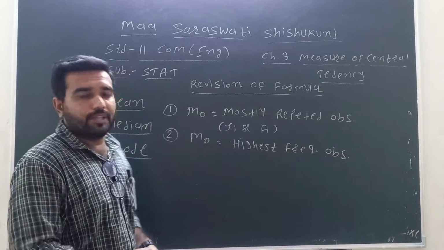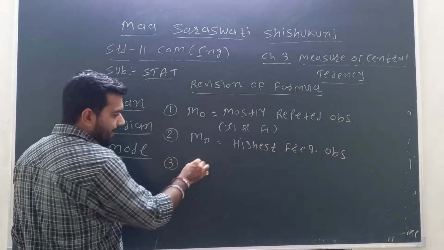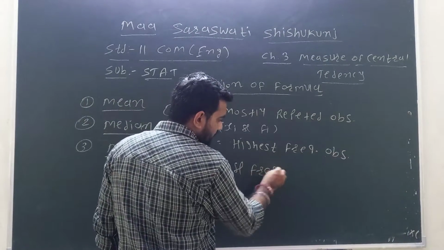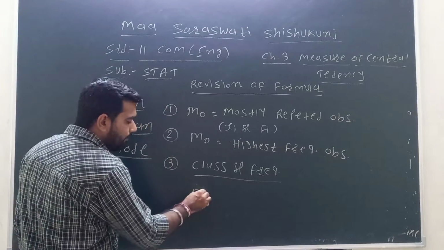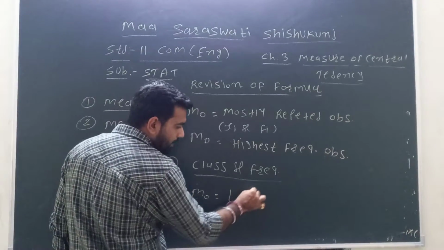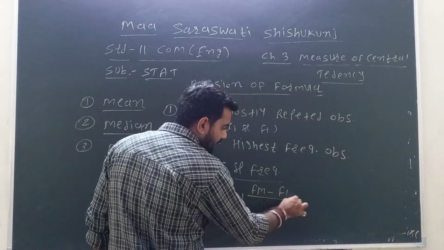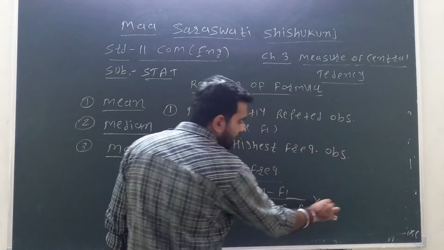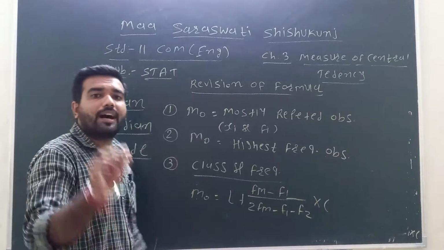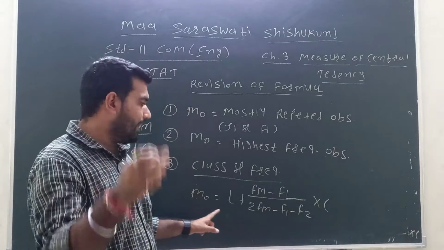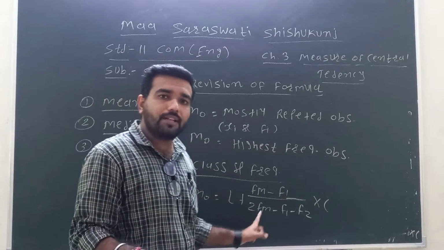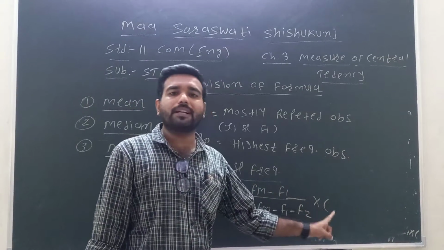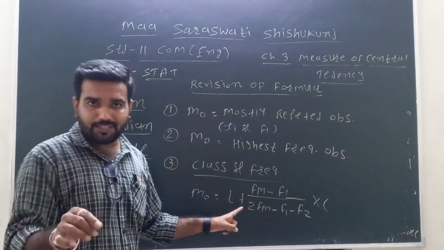Highest frequency observation. And the third one is when the class and frequency are there. Then MO is equal to L plus (FM minus F1) upon (2FM minus F1 minus F2) multiplied by C. FM is equal to the highest frequency.